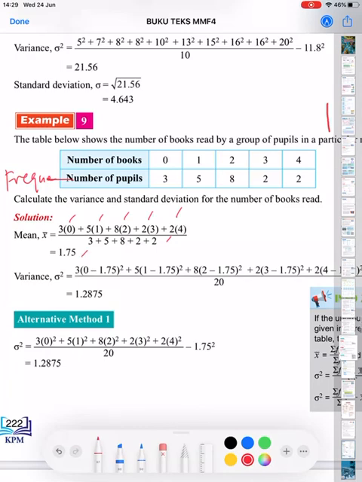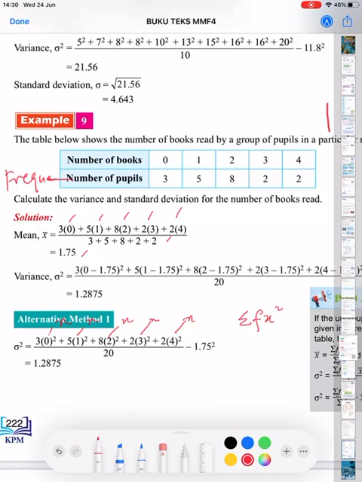For the variance, we need the sum of fx squared, which is the frequency times the data squared.